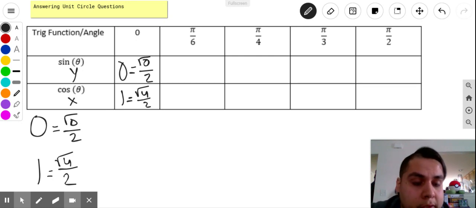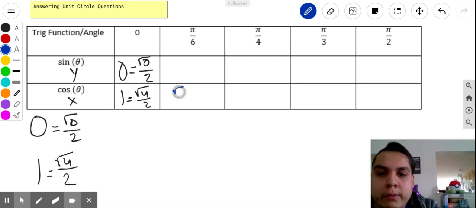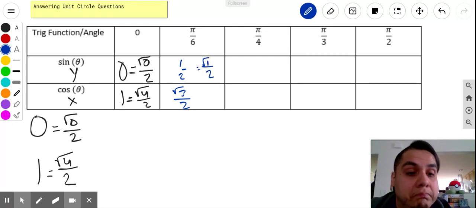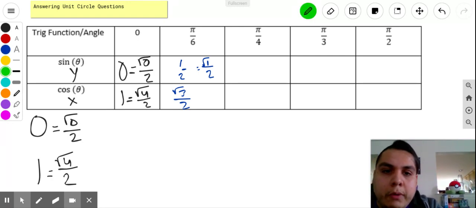When I talk about pi over 6, pi over 6 corresponds to the point radical 3 divided by 2 and 1/2, which happens to be the same as square root of 1 over 2. Okay? When we talk about pi over 4, well, pi over 4 is radical 2 over 2, comma radical 2 over 2.